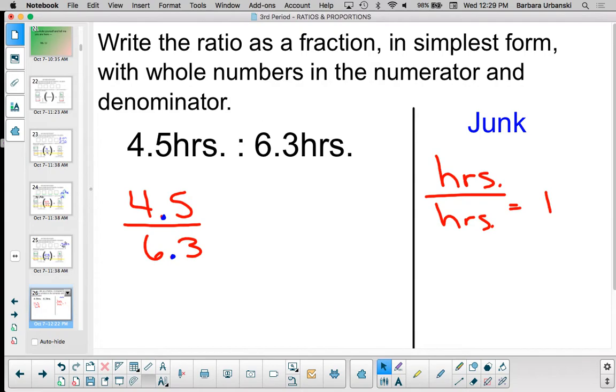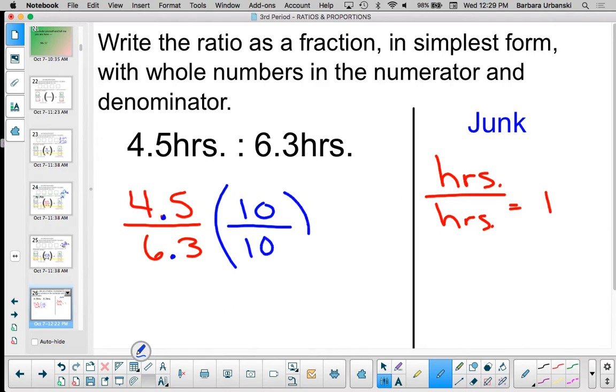So let's put our big parenthesis, and let's multiply by 10 over 10. And now think about it. If I have 4.5 and I multiply it by 10, it's getting one place value bigger. So now I have 45. If I take 6.3 and multiply it by 10, now I'm going to be at 63.